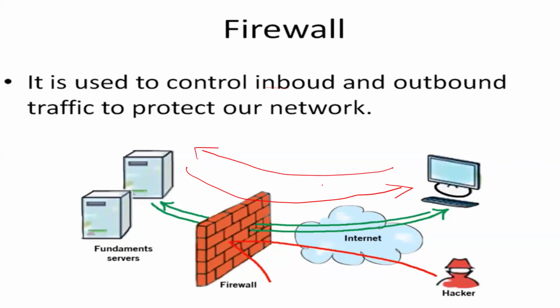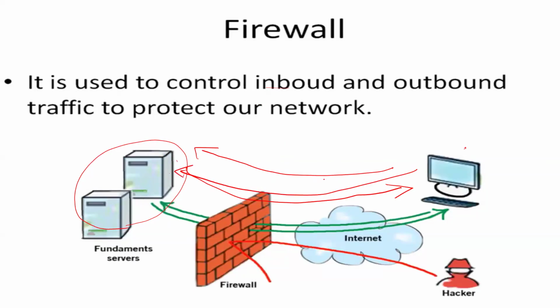See, suppose we have a server in our network and an external user is sitting on the internet, and the user has to access our server from outside of our network. So we need to allow this traffic, right? The user has to connect with this server.